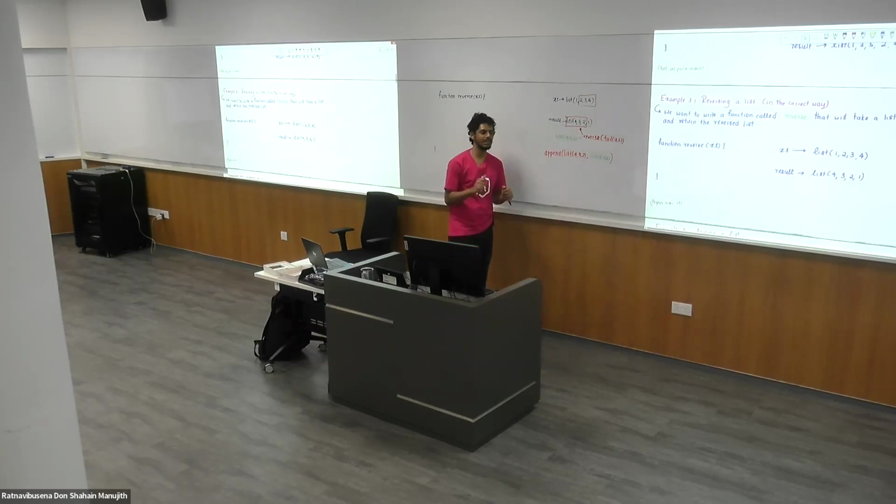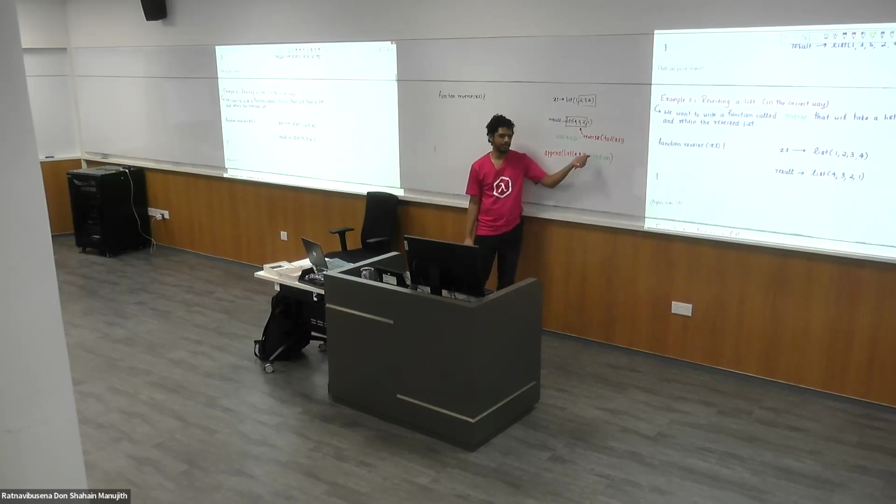Yes, so append will actually append two lists together. Append should not take a list and some number, right? Head of xs, in this case it's a number, it can be a list also, but append must take in two lists, right? So you cannot just pass in head of xs. So will this give an error?